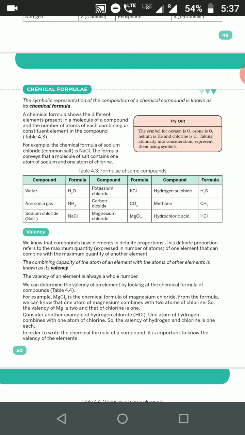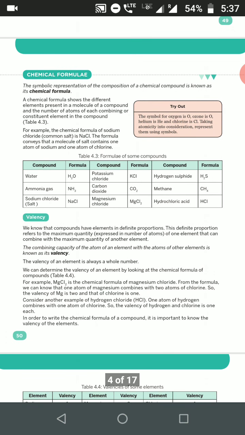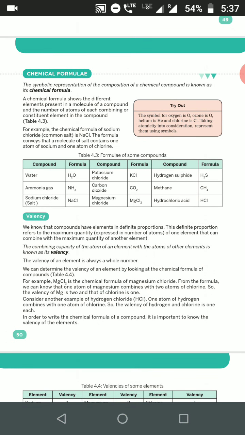Whenever you write a chemical formula, magnesium's valency will be the number at the bottom of chlorine, whereas the chlorine valency will be the number at the bottom of magnesium. Magnesium has only one atom, so chlorine valency is 1. Chlorine has 2 atoms, so magnesium valency is 2. If it is H2O, hydrogen has 2 atoms, so oxygen valency is 2, but oxygen is 1 atom, so hydrogen valency is 1.